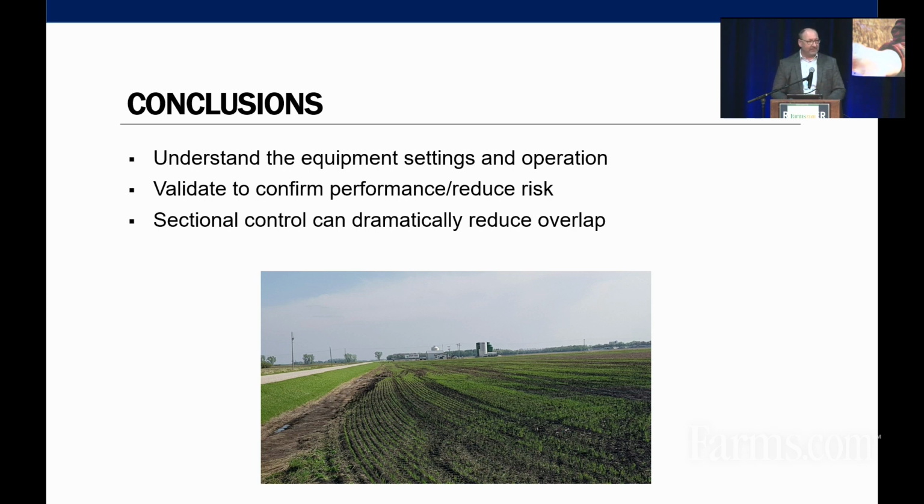You've got to validate too, as the next step: take some measurements, make sure that you're getting the performance that you're expecting to see in terms of the overall potential or risk reduction that you want to accomplish from any type of process, any type of machine. That's a real key part of doing equipment setup. And the last thing I'll make is that sectional control does work, and we saw it with our results based on the ground truthing that we did, getting our shadow into the field and testing and validating the overall process, as well as the theoretical compared to the end of the row.